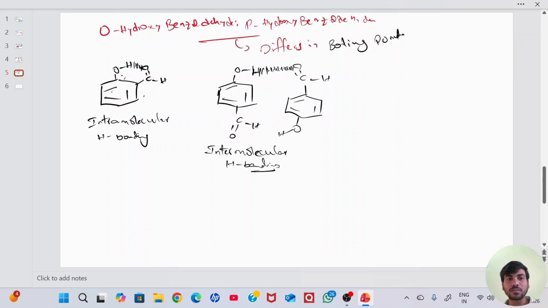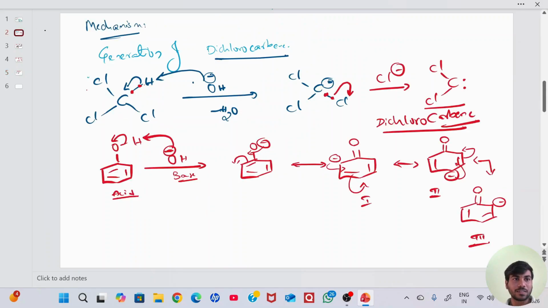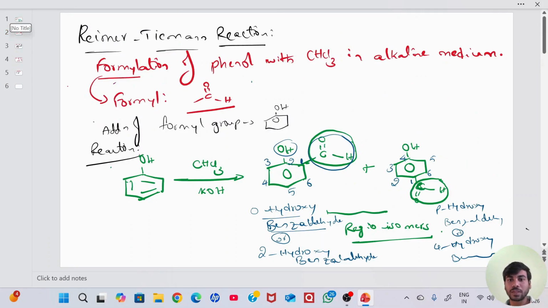Therefore, these ortho-hydroxybenzaldehyde molecules easily take up the temperature and get heated up and are converted into the vapor state. Therefore, after completion of the Reimer-Tiemann reaction, if there is a need to separate these two compounds, ortho-hydroxybenzaldehyde and para-hydroxybenzaldehyde, you can simply make use of distillation or boiling point difference. Okay, thank you.